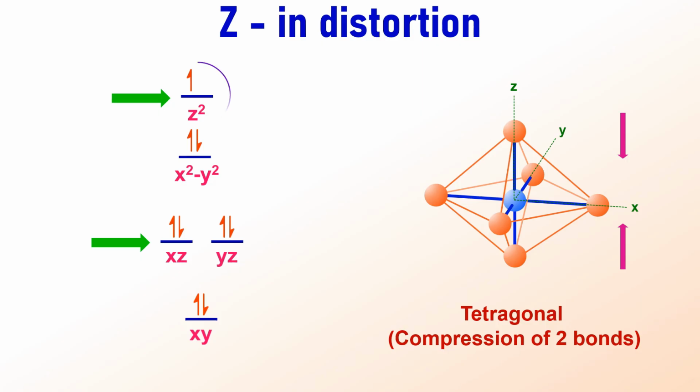The 9th electron now occupies the dz2 orbital, which is no longer degenerate, and hence the system stabilizes. Again, the stabilization comes with a loss of symmetry in the complex. You can observe both in z-out and z-in distortions, the perfectly symmetrical octahedral complex becomes tetragonal.